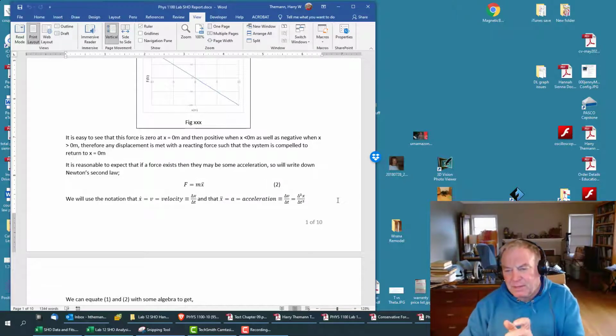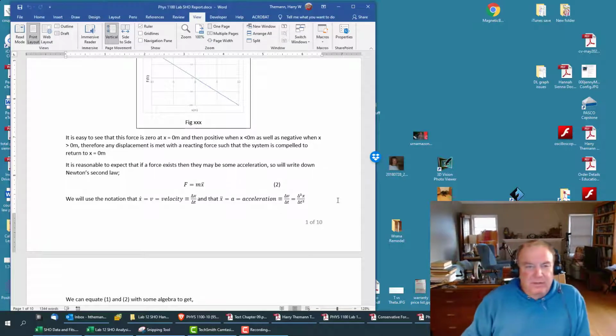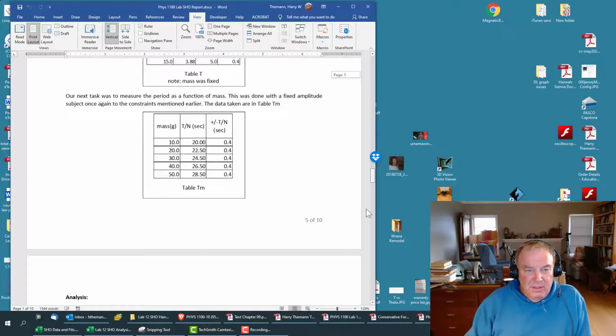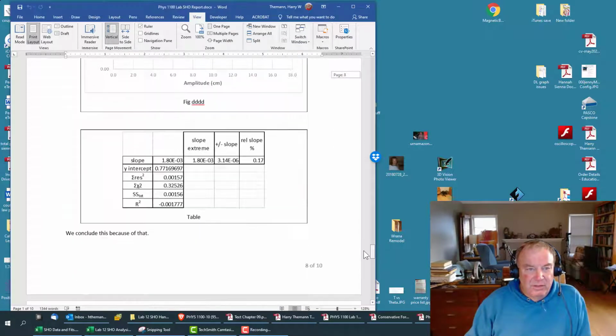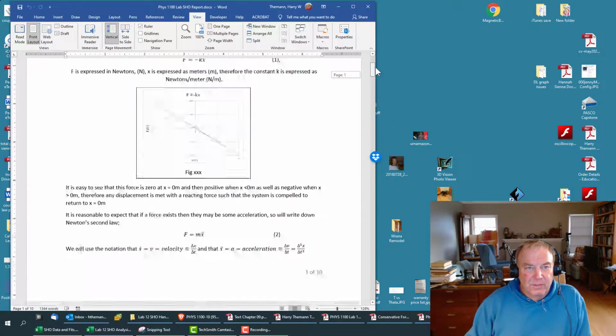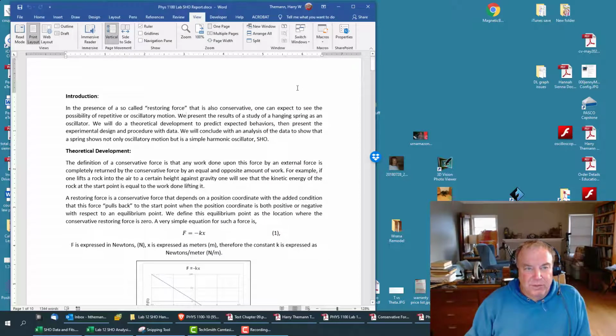And there's a lot more writing that has to be done in the analysis part here, which I didn't do because that part you already sort of know how to do.